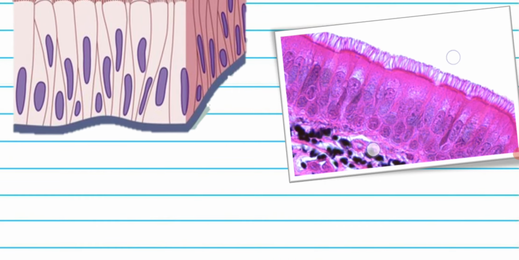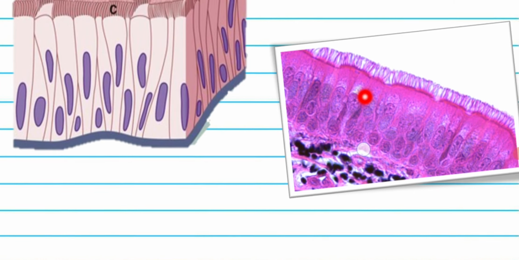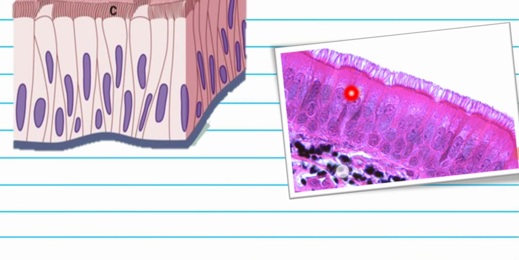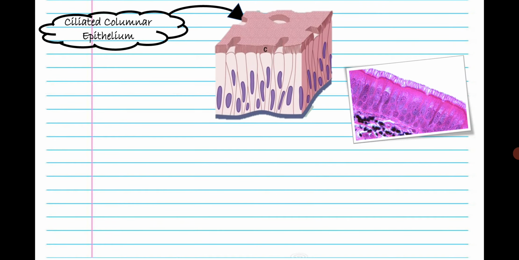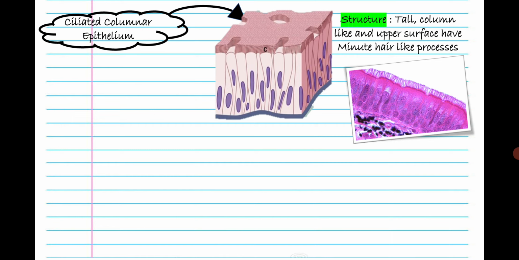These tissues are also like a pillar, a tall tissue, but the difference is that they have minute hair-like structures, known as cilia. That's why these tissues are known as ciliated columnar epithelium tissue. They are tall, column-like, and the upper surface has minute hair-like processes.